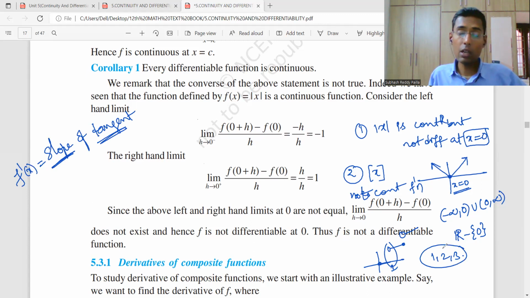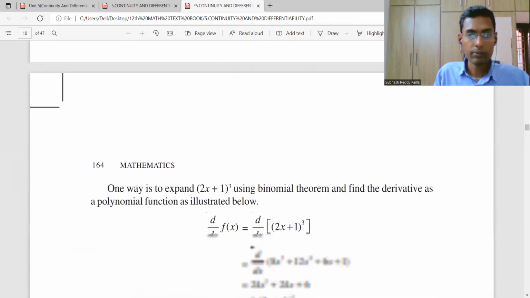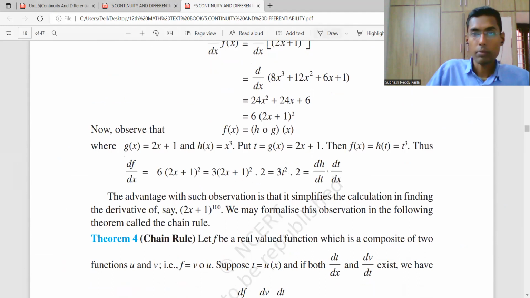At non-integral points, like 1.1, it's continuous and differentiable also. Now we see derivative of composite functions today. You understand composite functions?